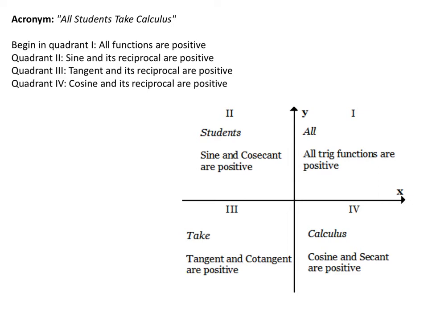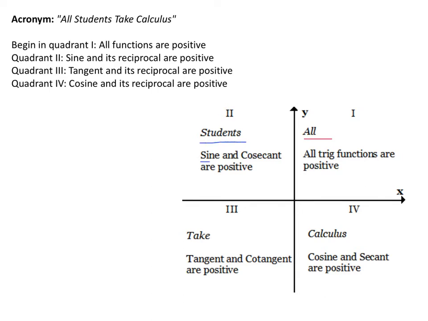You always start in quadrant 1. So quadrant 1 is all. That means all trig functions are going to be positive if the angle is a quadrant 1 angle. This should make sense because that's what we were looking at in the last section, and all of those functions were positive. The next is students, quadrant 2.